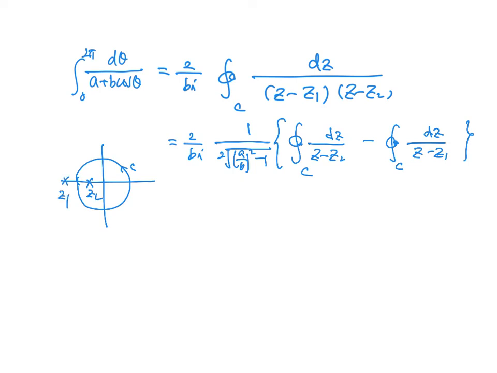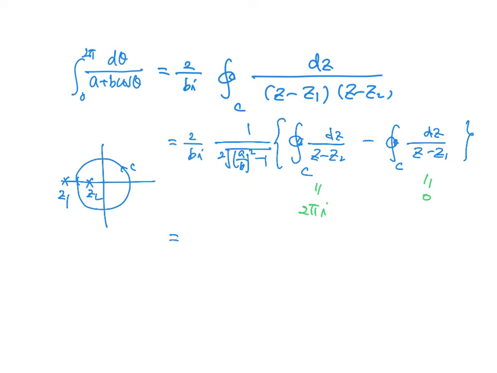So what happened to the second integral? It's outside, right? It's 0. So we only need to be concerned about this. This is 2 pi i. So this is 0, this is 2 pi i. So the result is simple.